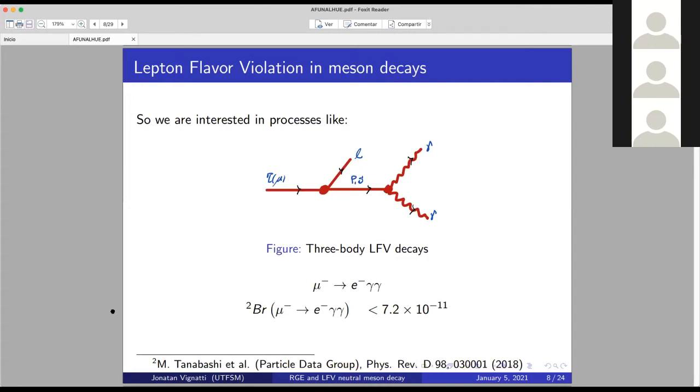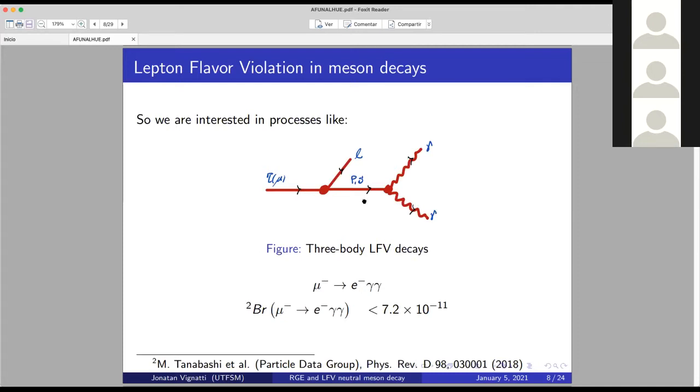So, tau lepton-flavor violating decays, because with these decays we know the experimental branching ratio that could set up upper limits to this process. Above all, this can set up upper limits on the meson decays.